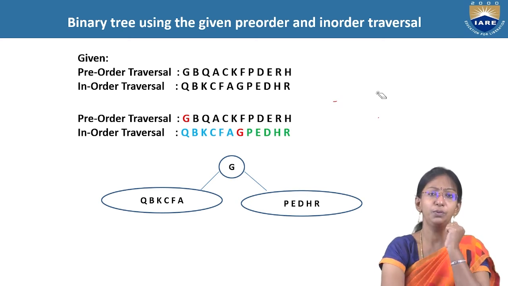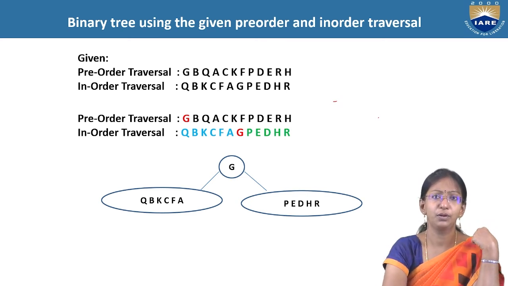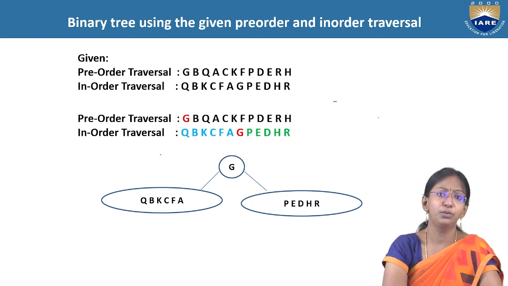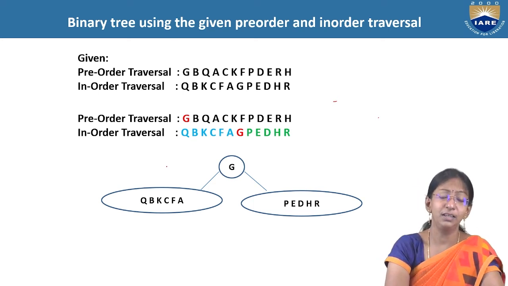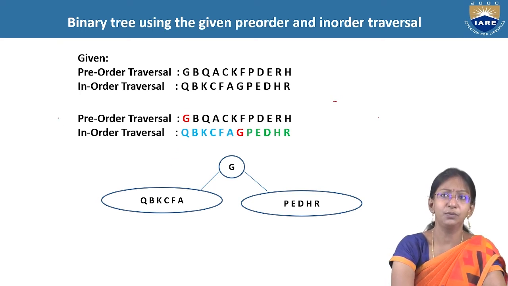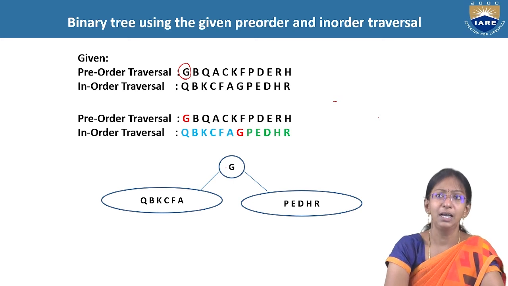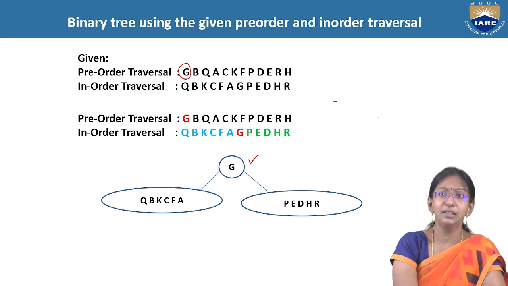In pre-order, what do we understand? We understand that initially we are going to consider the root node first. Am I right? So in the given series, whatever node is the first one, which is G, will be the actual root node of the binary tree. Search for that node in your in-order.